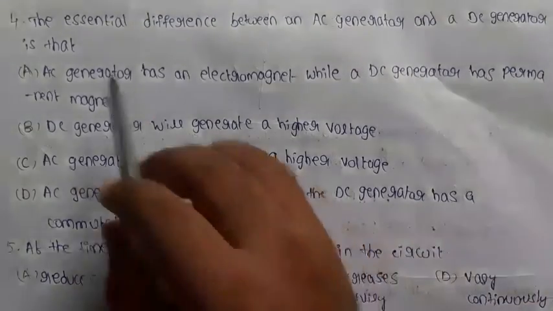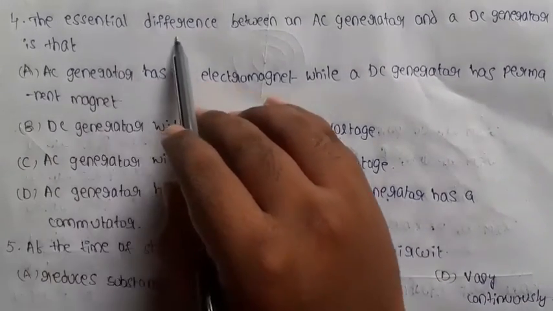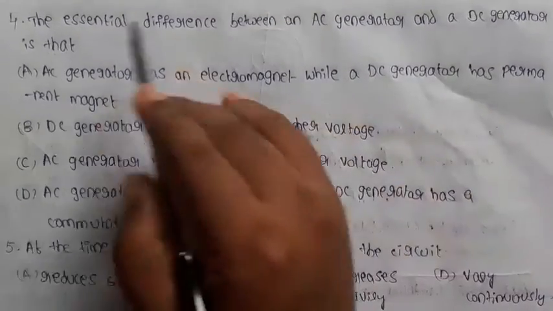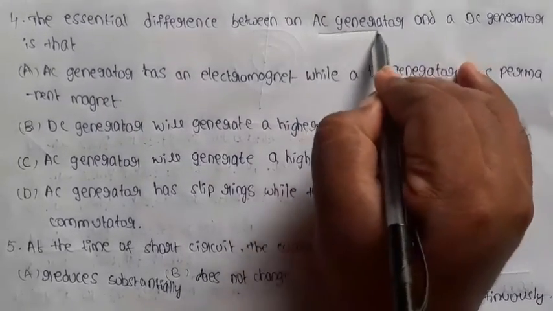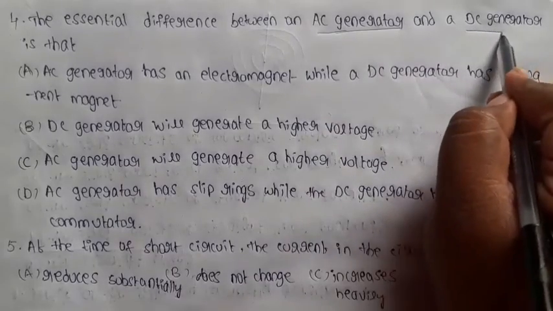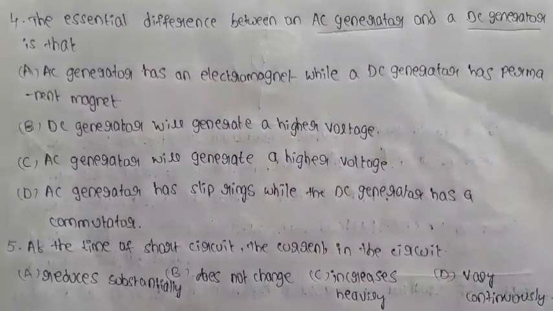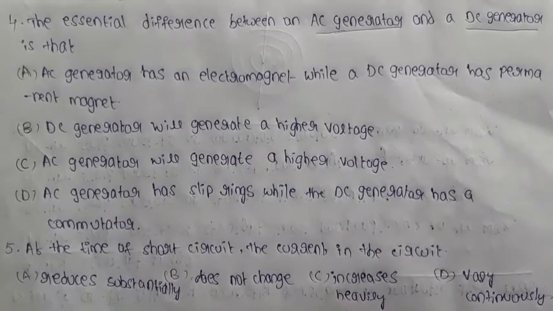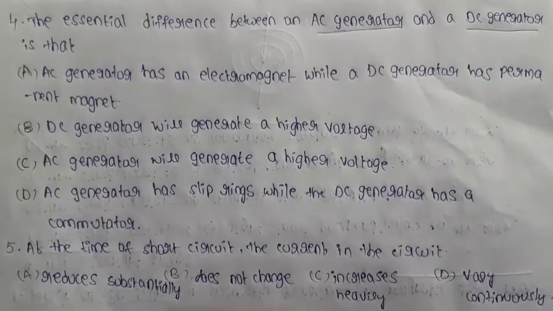Next, fourth question. The essential difference between AC generator and DC generator is. What is the difference between AC generator and DC generator? We have already studied. In case of AC generator, which type of commutator do we use?